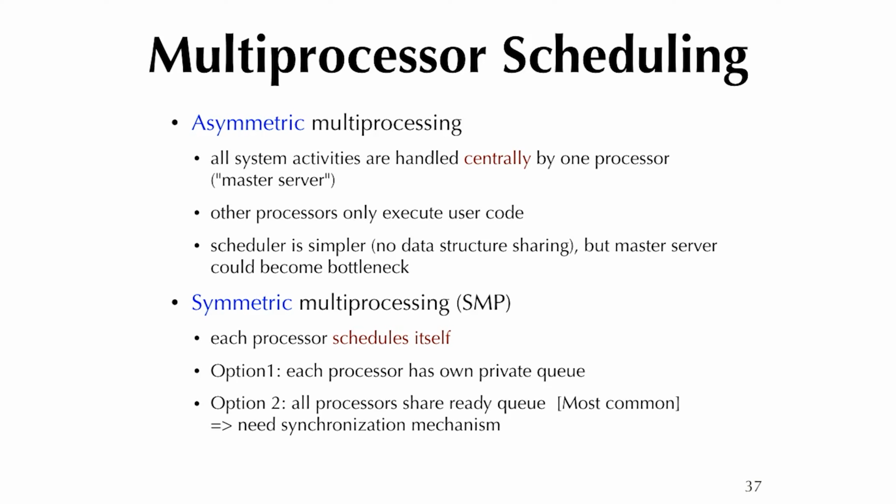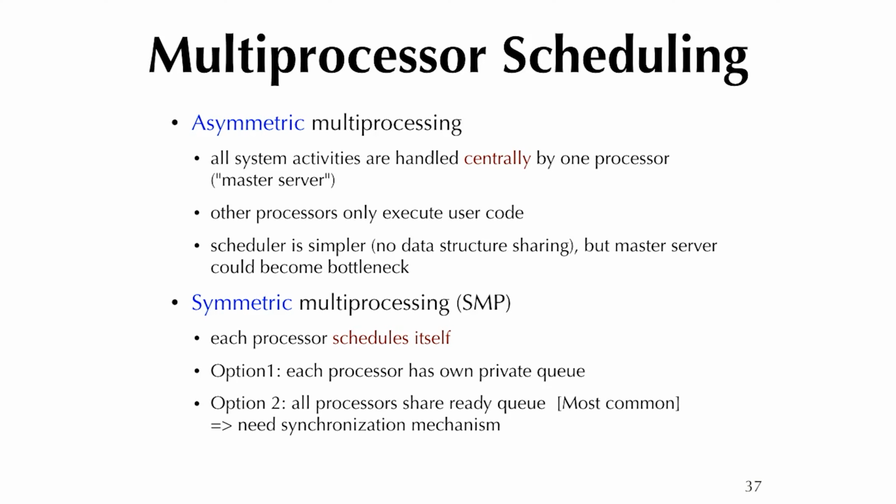Symmetric actually has two options. Well, you say each processor schedules itself, but does each one have its own private queue, or can you allow these processors to share the same ready queue, and then pull from that ready queue, and then it decides what to schedule? So that would be option 2.